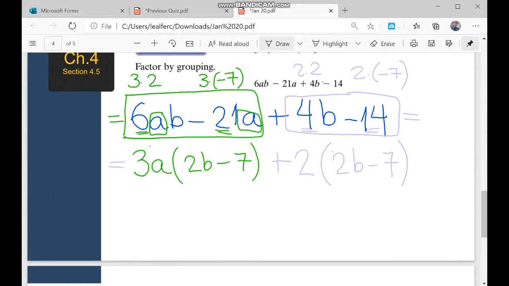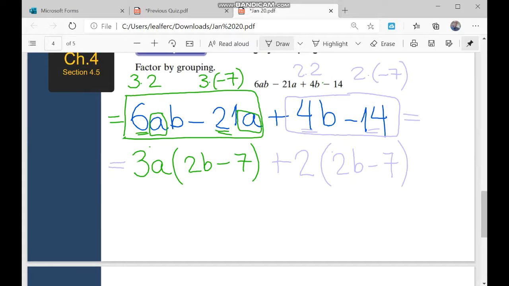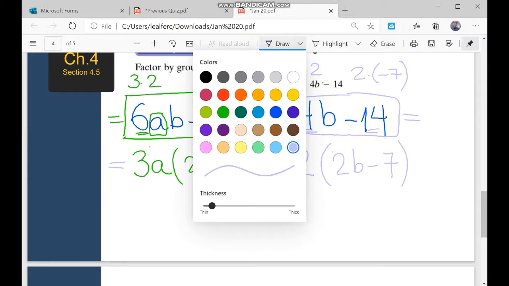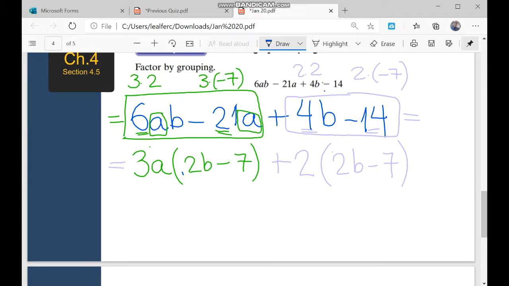Can you find any binomial factor here that is common to both? Three seconds for you to answer. Let me see if you can identify. 3, 2, 1. No? You cannot see anything?